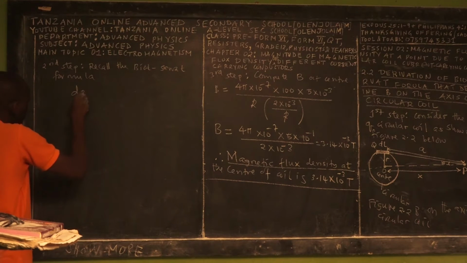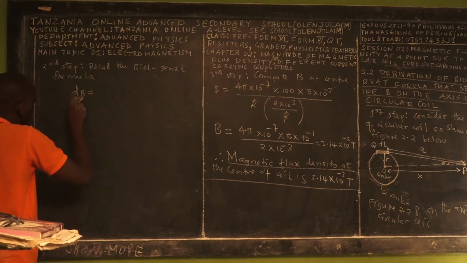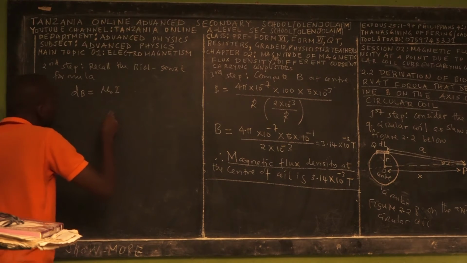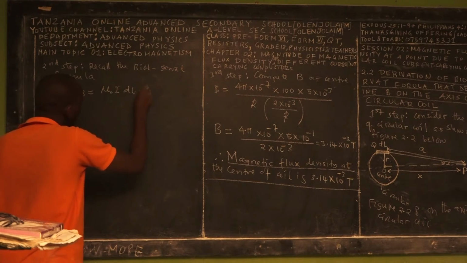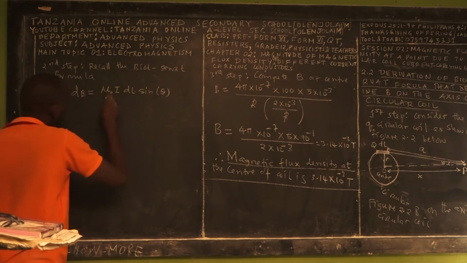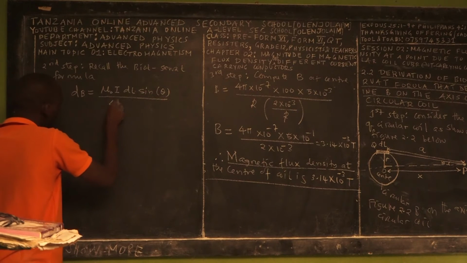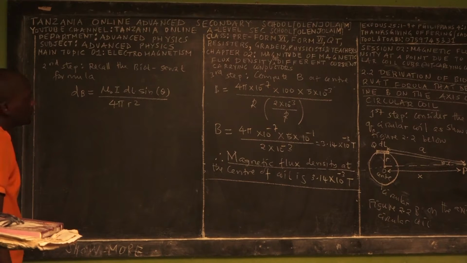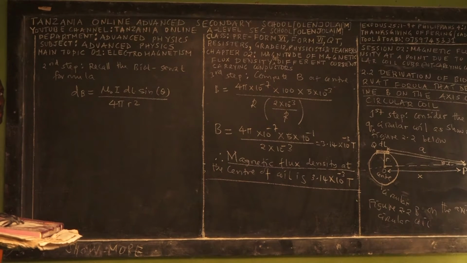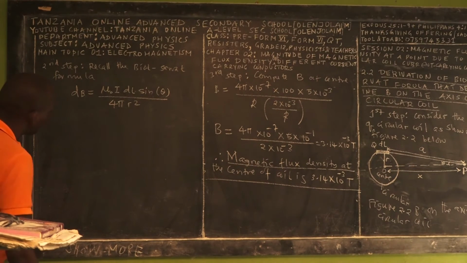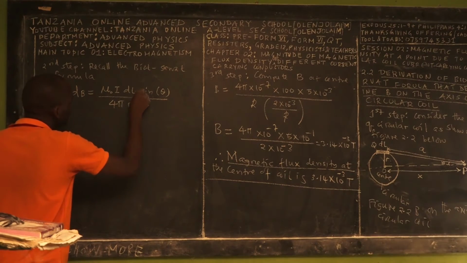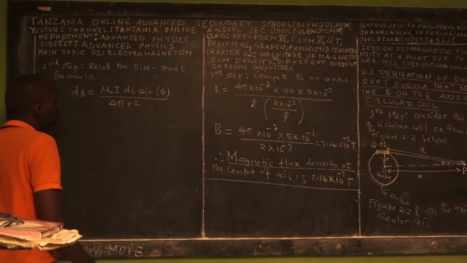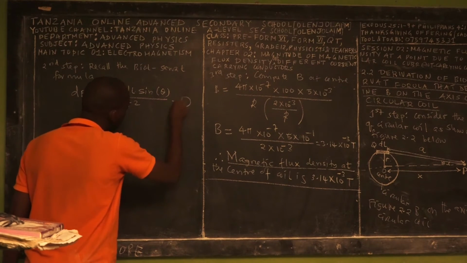For the small segment, the small change in magnetic flux density at the point P is equal to the permeability of free space times current times small change in length times sine of the angle theta, over 4 pi r squared. We call this equation 1.